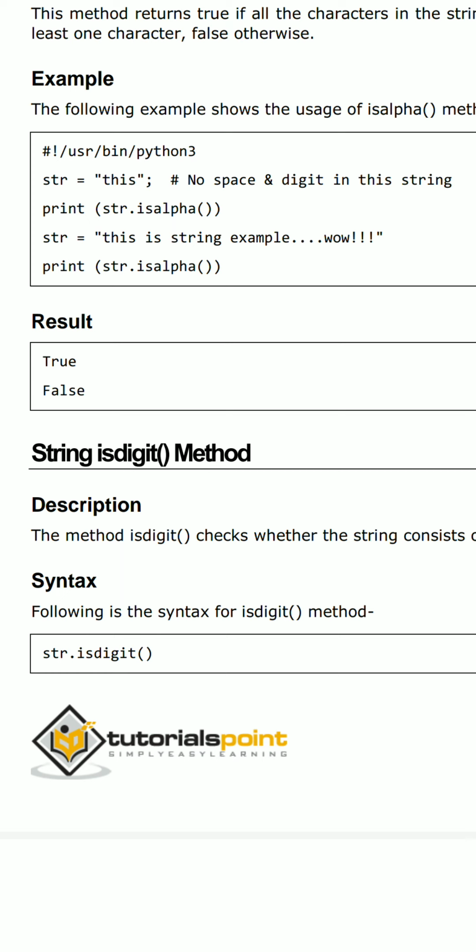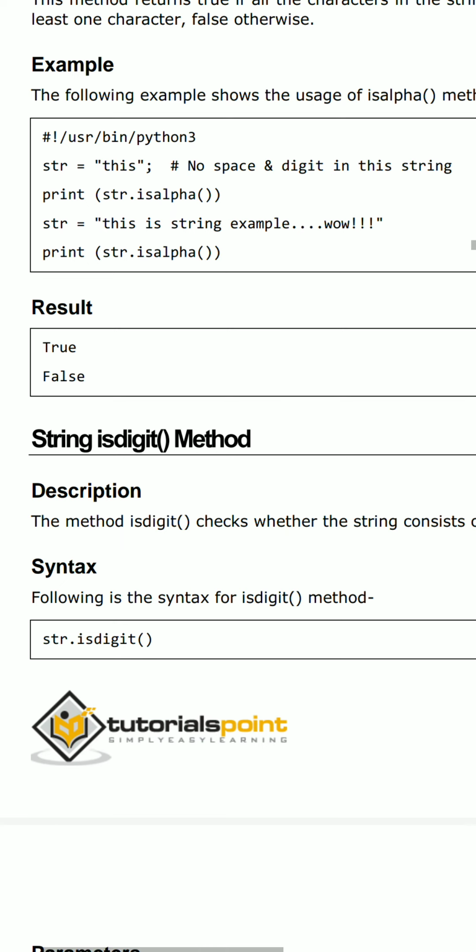Because this string has only four characters, T-H-I-S. Whereas the string "this is string example", although it is also one string, returns a false value. Why? Because it consists of spaces and special characters also. That's why it returns false.